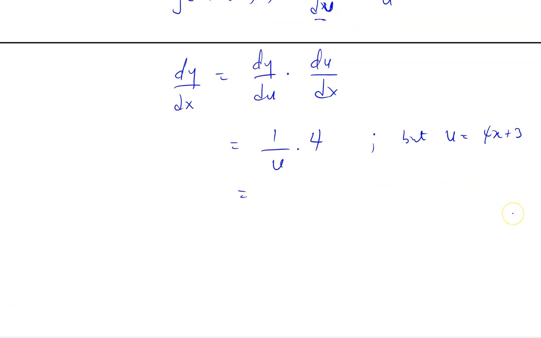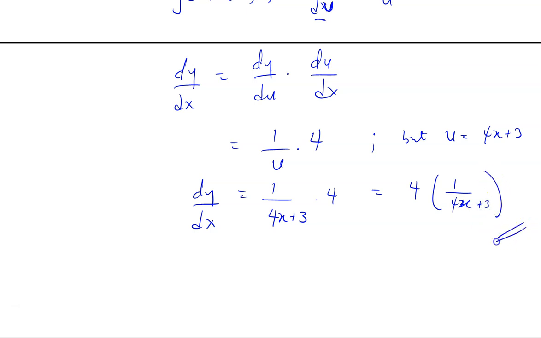So if you substitute, you will say that dy on the dx is equal to 1 on what? On 4x plus 3 multiplied by 4. And this gives 4 into brackets 1 on what? On 4x plus 3. So that's the final answer.